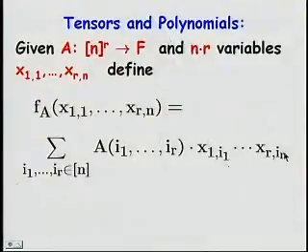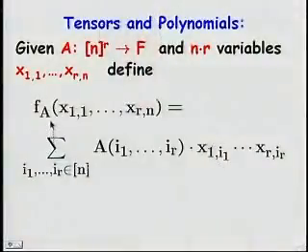In the polynomial f_A, I take every multilinear monomial that contains exactly one variable from each of the r sets, and each of these monomials I take with the corresponding coefficient, which is the corresponding entry of the tensor. So this is the definition.